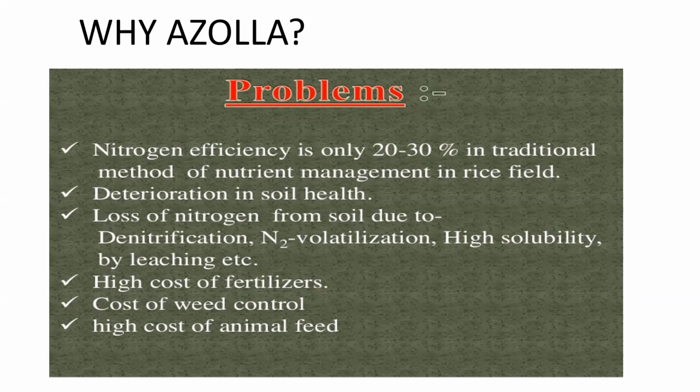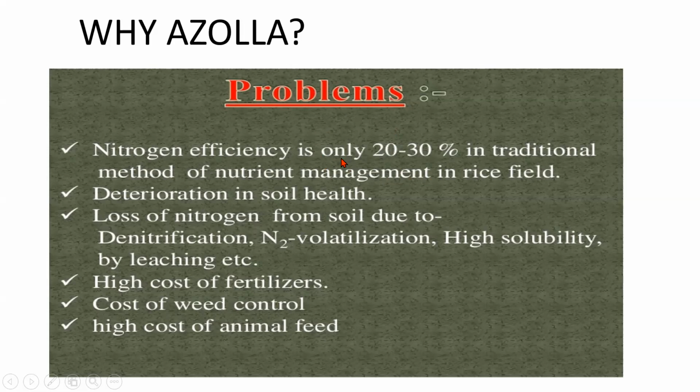So the problem is that rice, and any plant for that matter, needs a very good amount of nitrogen as a fertilizer. When you use traditional chemical nitrogen fertilizers, the efficiency is only 20 to 30%. Only that much reaches the plant.